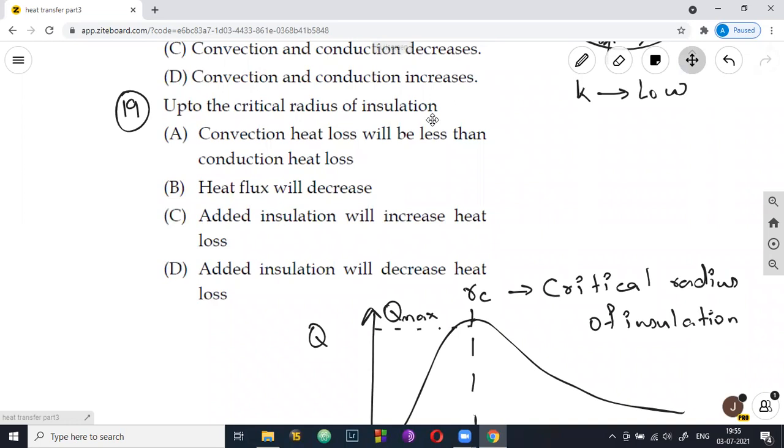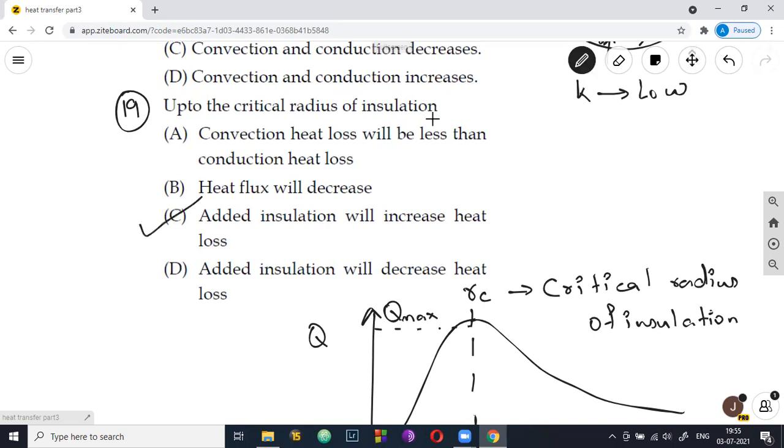Now let's see here. Up to critical radius of insulation. That is, you're starting from here and you're moving up to critical radius of insulation. Convection heat loss will be less than conduction? No, that is always opposite. Convection heat loss is always greater than conduction. That's why heat transfer rate is increased. Heat flux will decrease? No, heat flux is almost a constant. Added insulation will increase heat loss.